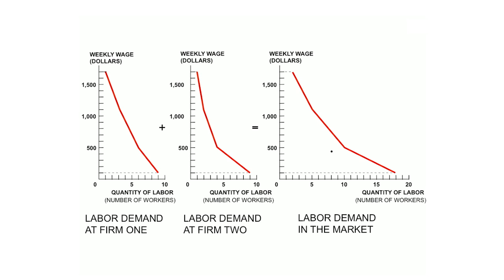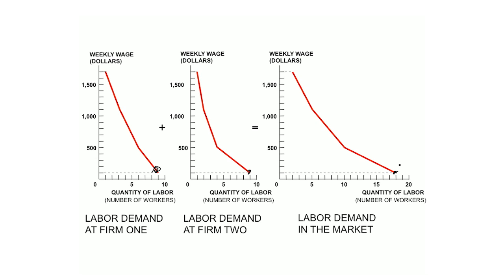So for example, if the wage is down at 100, in this picture we're going to get a quantity of labor of 9 for firm 1 and a quantity of labor demanded of 9 for firm 2. And so we go across and sum those together and we get 18 for that particular wage, the price of labor being the wage.